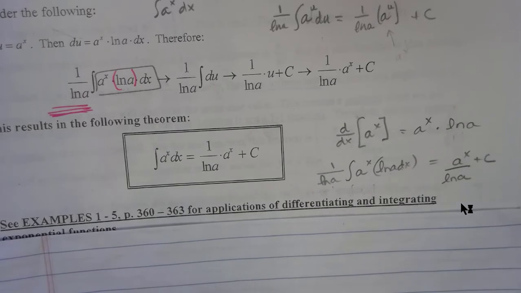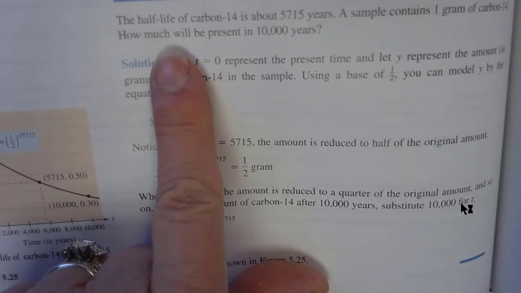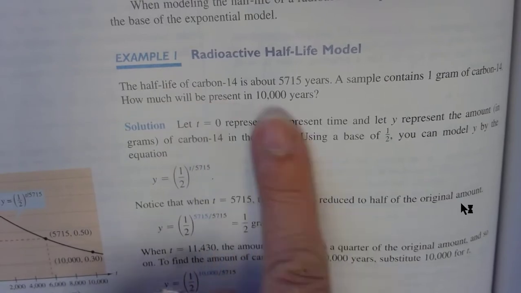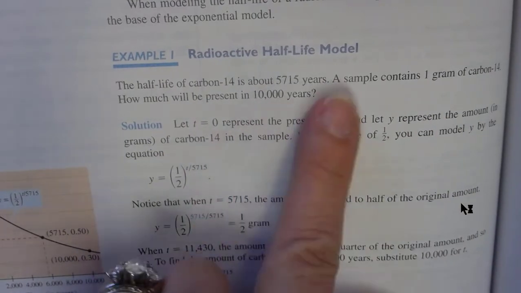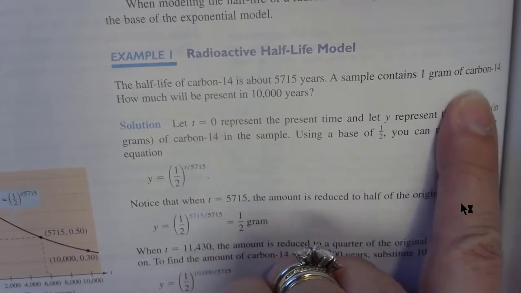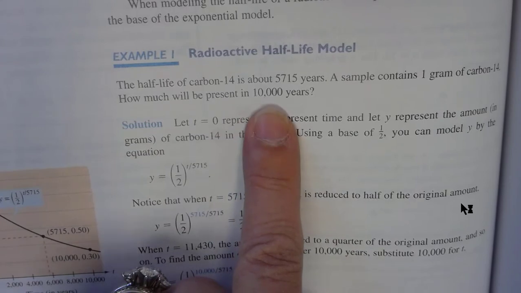Now here it says to see examples 1 through 5 in the textbook for applications of differentiating and integrating. This deals with half-life and what we know about half-life. So half-life, a sample contains 1 gram of carbon-14. How much will be present in 10,000 years?